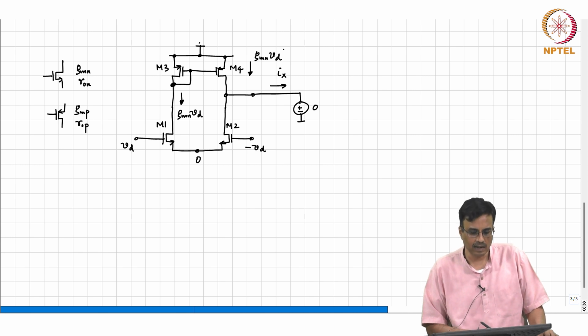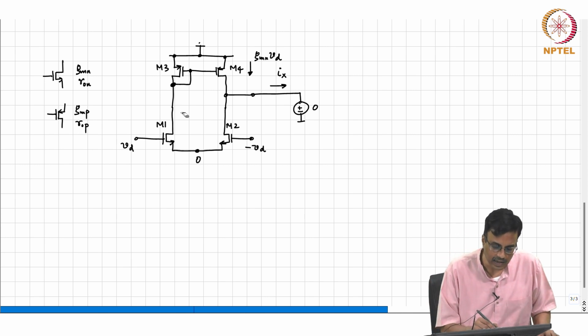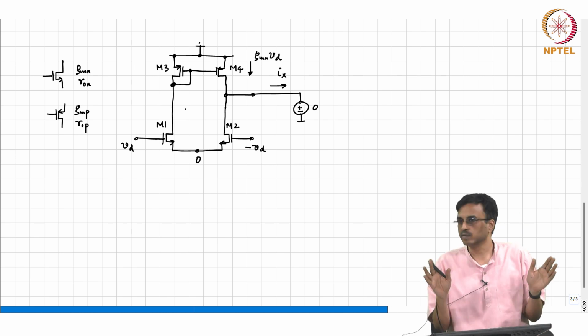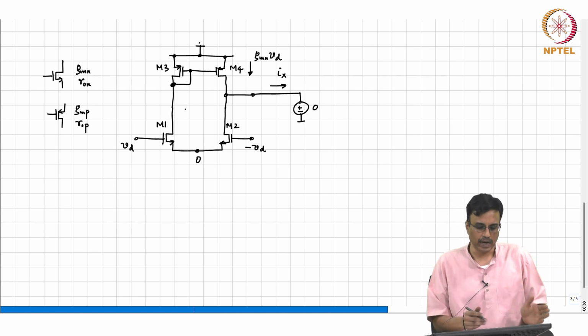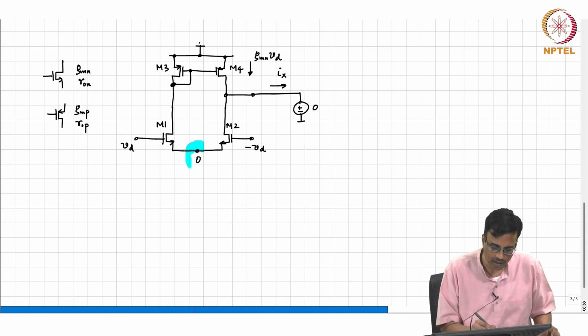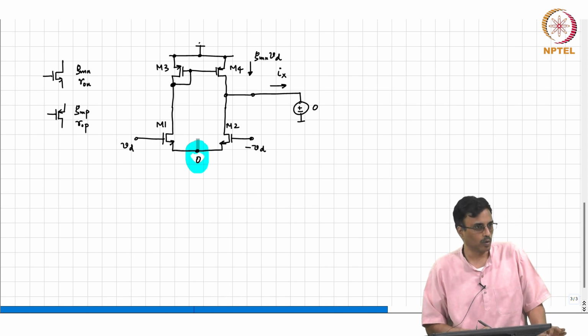Okay, let me reiterate again, right. Technically speaking, the circuit is no longer symmetric. So, you cannot assume that this voltage is 0. In fact, it is not 0.